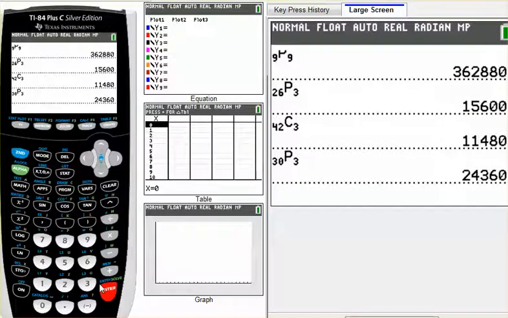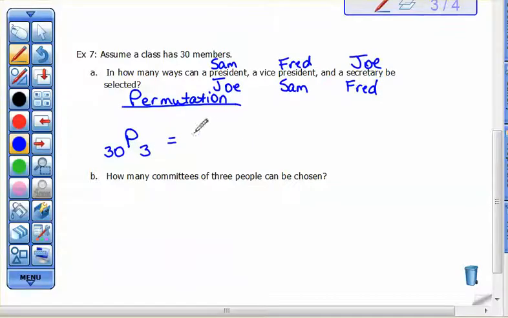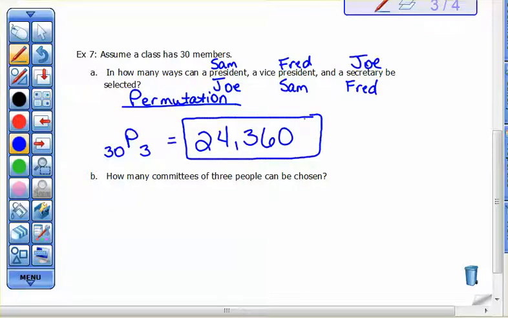Enter, and that would be 24,360. So there's that many different ways that we could get a different lineup, a different administration.